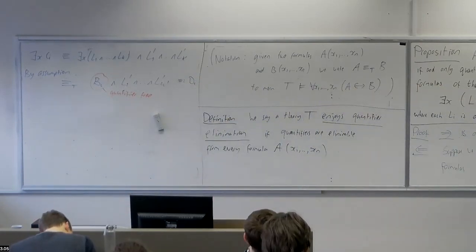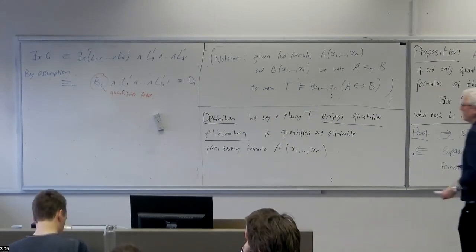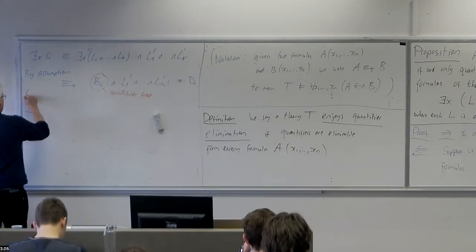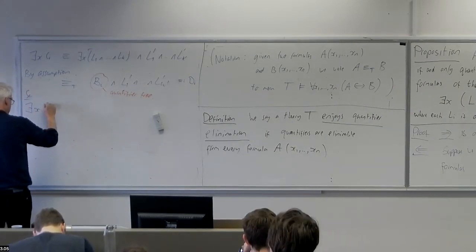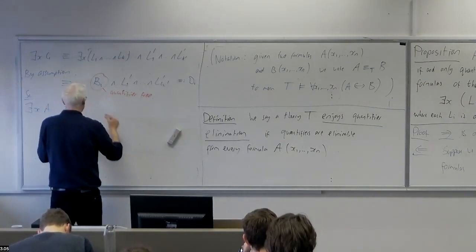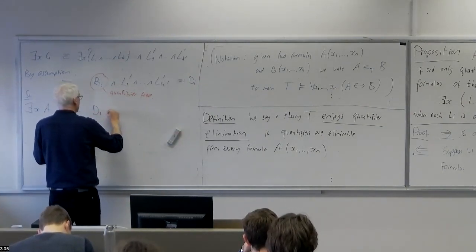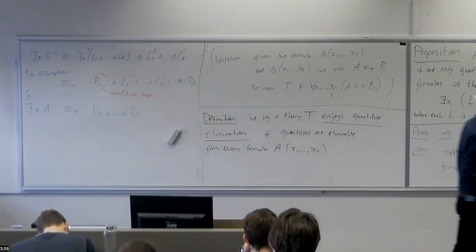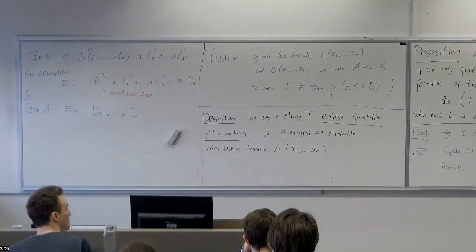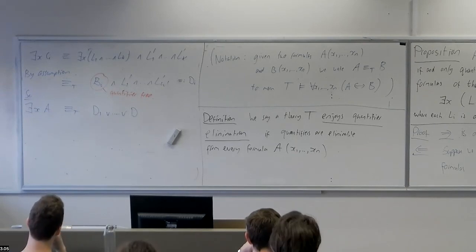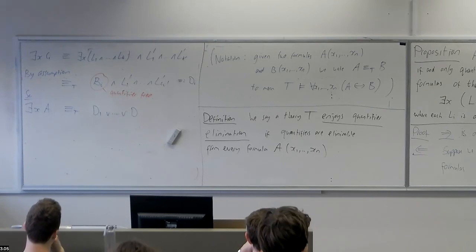We see now that the formula we started with, exists X A, is equivalent in T to the disjunction of D1 up to Dm. We had m different such existential formulas over a conjunction of literals, and we've shown each of these is equivalent to a quantifier-free formula.